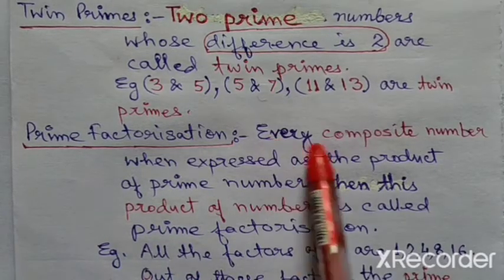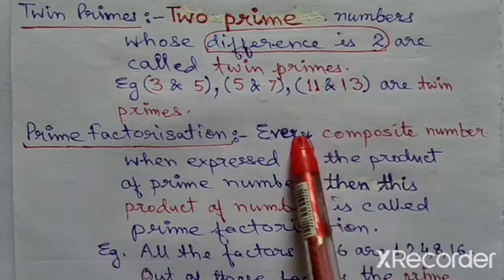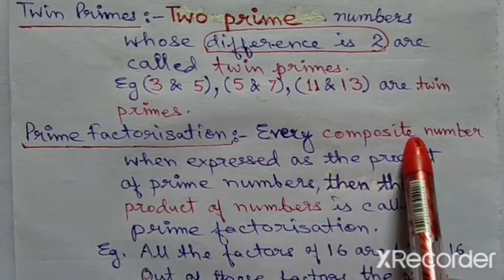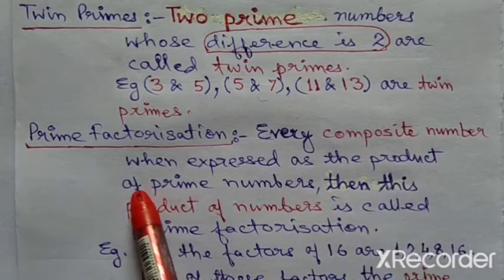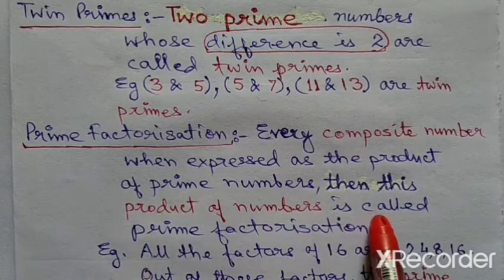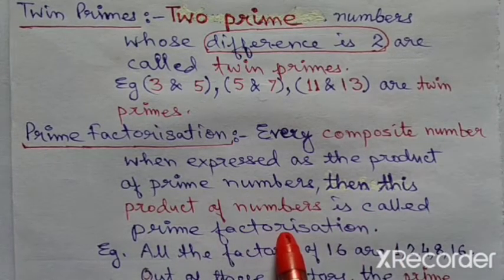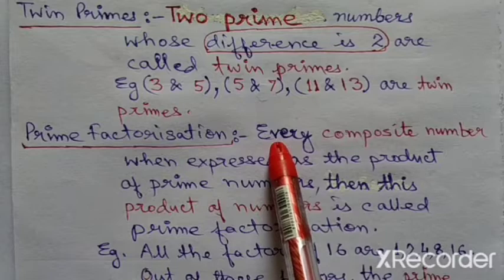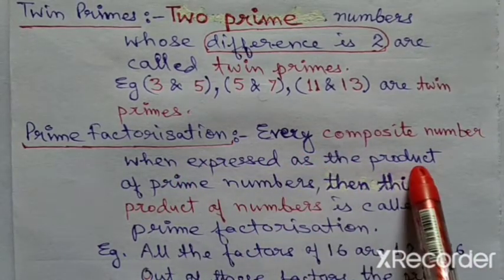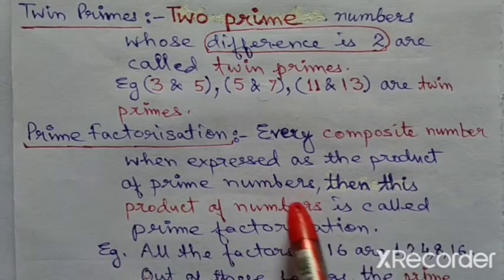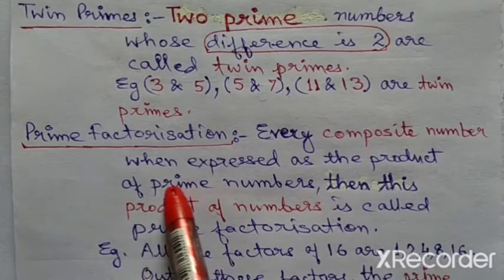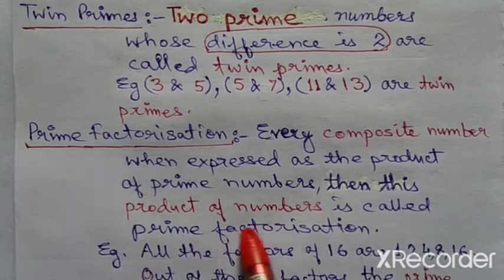Every composite number, when expressed as a product of prime numbers, that product is called prime factorization. Again I am repeating, every composite number when expressed as the product of prime numbers, that product is called prime factorization.